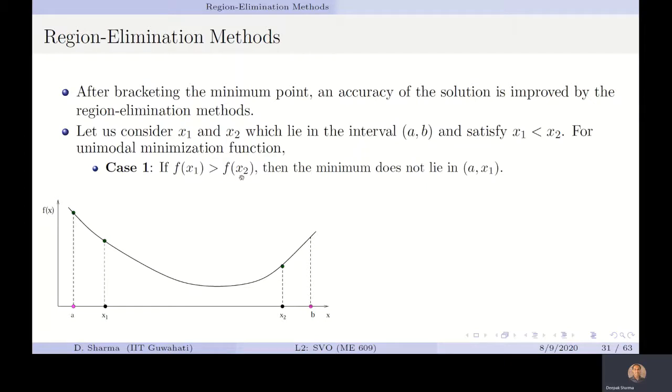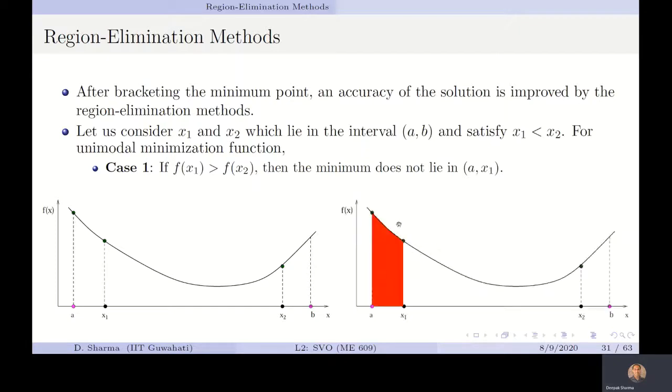This suggests that the minima will never lie between a and x1. So this red region, which is lying between a and x1, can be eliminated, and we will never perform our search there. Our search will then concentrate from x1 to b. So this is case one.